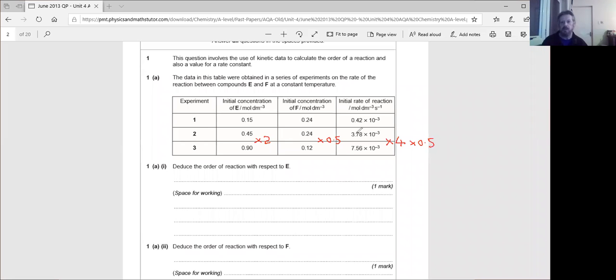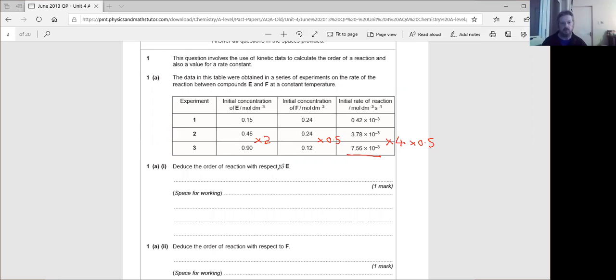So if you multiply 3.78 times 10 to the minus 3 by 4, and then by 0.5, and it's first order with respect to F, we're only guessing that it is, you should get the new rate: times 4 because second order, times 0.5 because it's first order. If you put that into the calculator, you should get that.